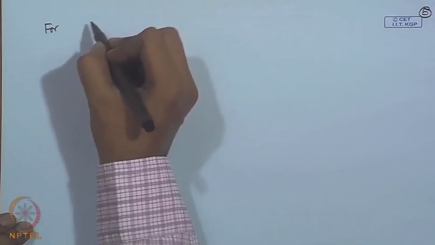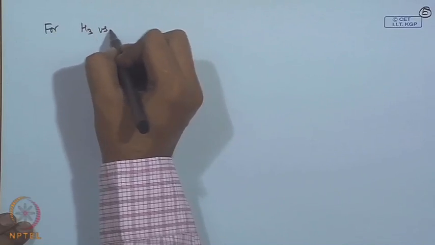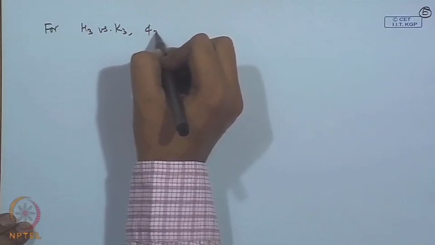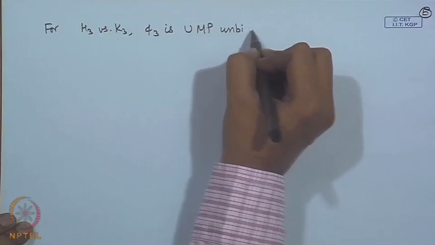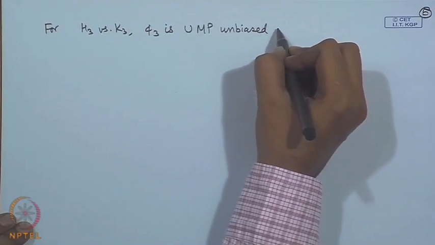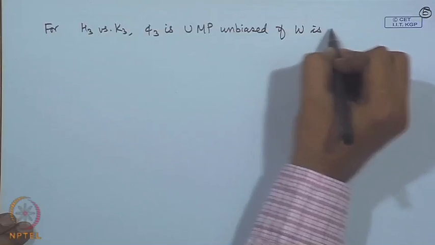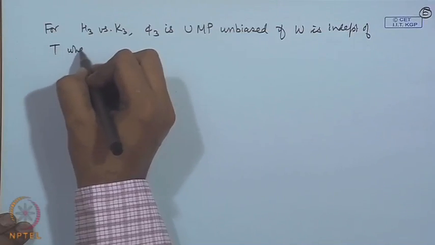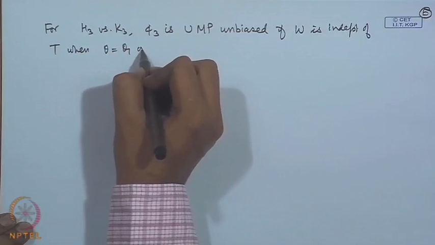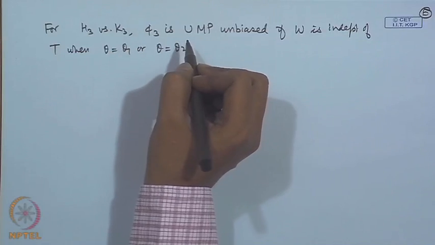For H 3 versus K 3, phi 3 is UMP unbiased if w is independent of t when theta is equal to theta 1 or theta is equal to theta 2.